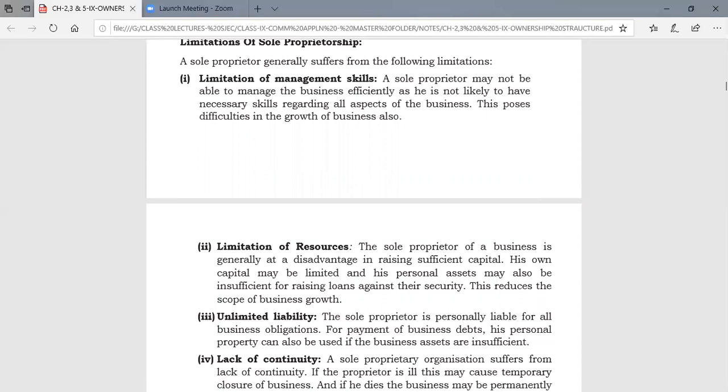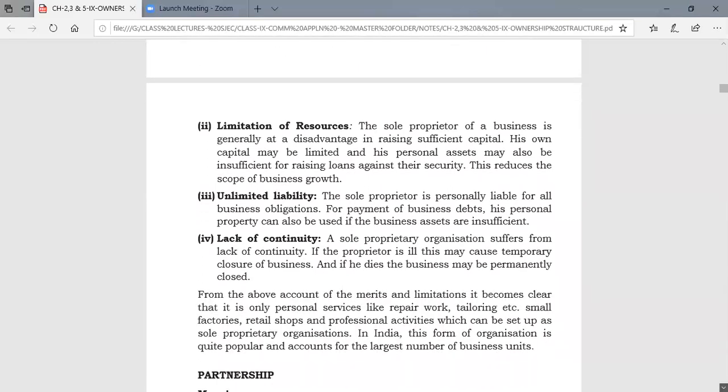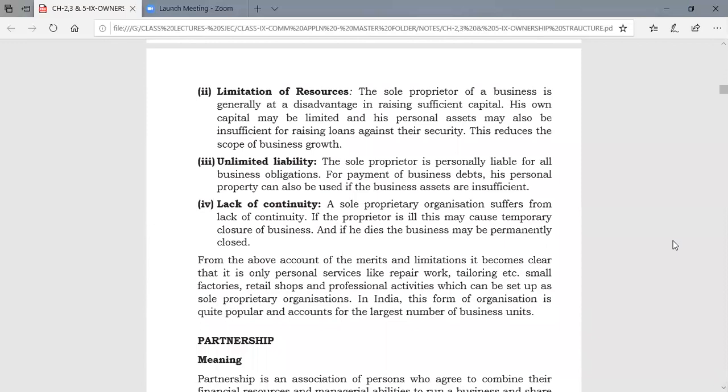Limitations of resources. One person, single owner, he is investing all his resources, all his money. There is no other person to share. So there is a limitation of resources.